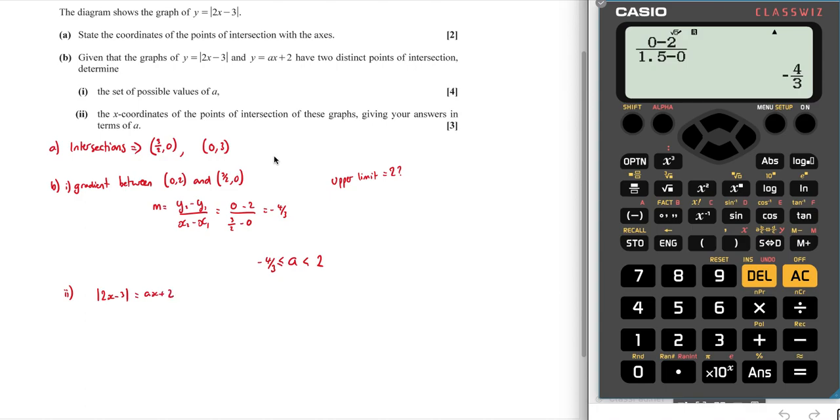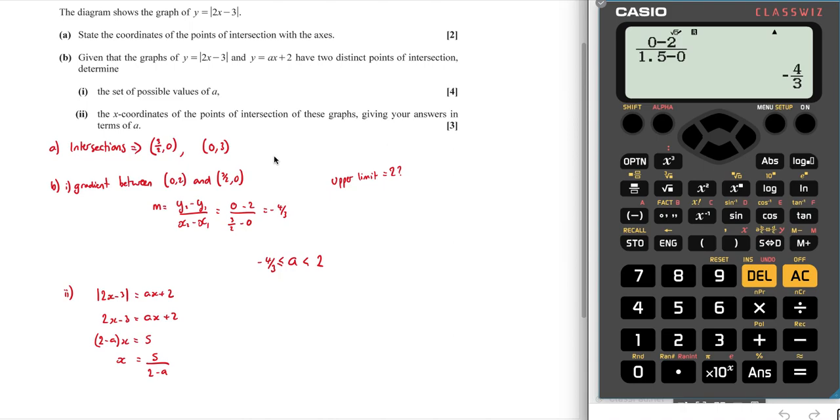So you're going to do these in two different ways. First off, you're just going to say 2x minus 3 is ax plus 2. So you're going to have (2 minus a)x is equal to 5. So x is 5 over 2 minus a. That's the first one. And then, because it's a modulus, you're going to do it again, but with a negative version.